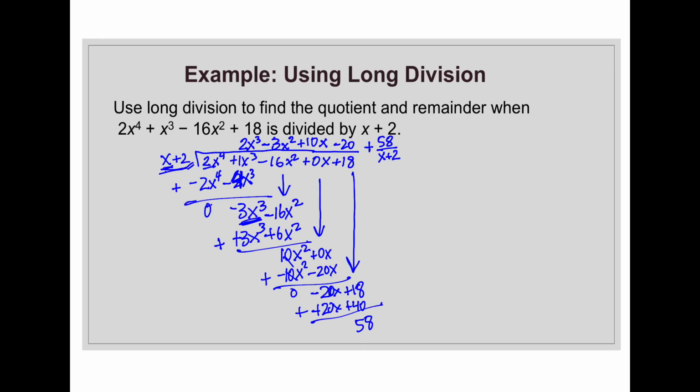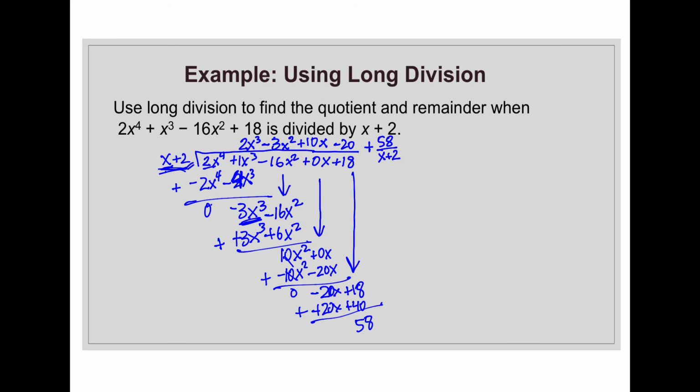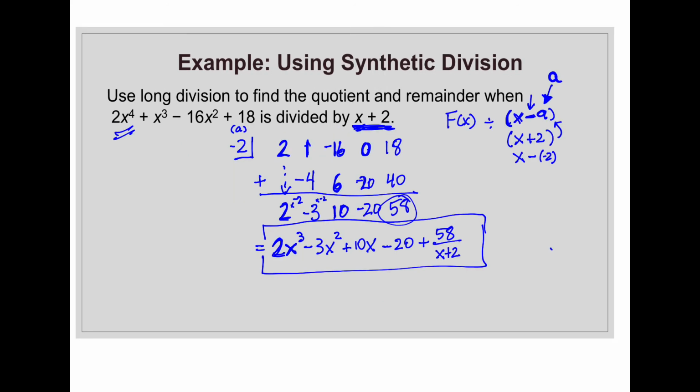We divided by x plus 2, but the first time I did the long division, we actually divided by a second-degree binomial. Normally, a second degree would probably give us a trinomial, but in cases like this, I would have to use the long division method. So it's important to know both, but when we're just dividing by a binomial, x minus a, this is an option that we have for our long division.